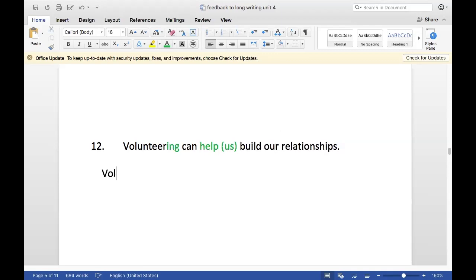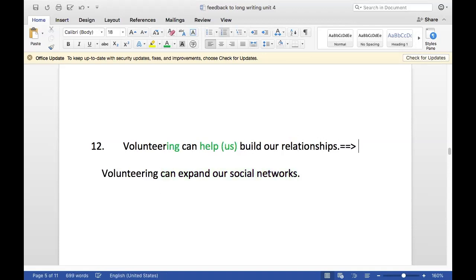Alternatively, you can say volunteering can expand our social networks, okay? We can know more people, right? Can help us expand, or just say can expand is good enough. But when you say build a relationship, it can help us build, not volunteering build, okay? We build our relationships, okay?